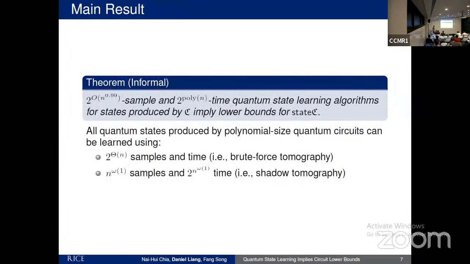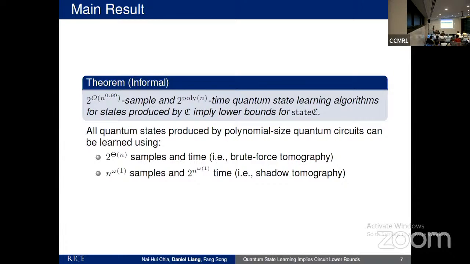I sort of did this out of order, but I want to emphasize that the parameters I put out, 2 to the n to the 0.99, are just slightly non-trivial. The reason is that I told you before that you can do tomography in 2 to the theta n samples and time. And also via shadow tomography, any class that's efficiently producible by a polynomial sized circuit can be done with super polynomial samples and 2 to the super polynomial time.